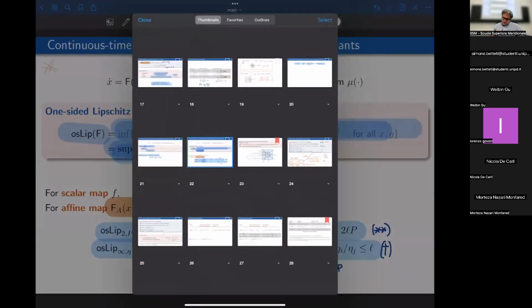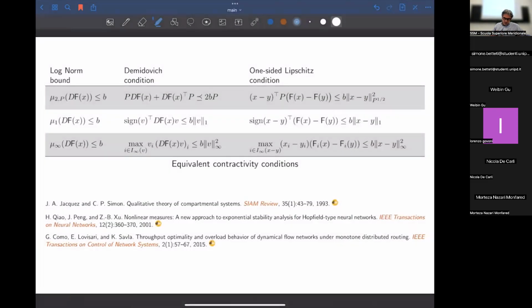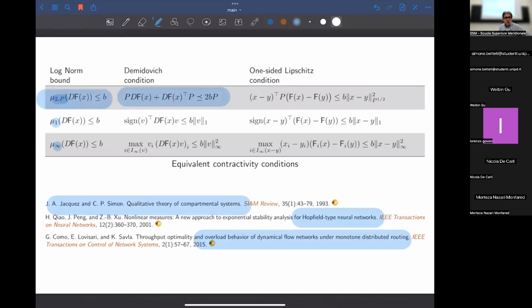In the literature, if you look at various articles studying biochemical networks or neural networks or traffic problems, depending upon whether you look at the 2 norm, the 1 norm, or the infinity norm, you can write various conditions. In this table, there are 9 entries, 3 different norms, 3 different formulas. Whether I am using the log norm of the Jacobian, or the LMI characterization, or the integral characterization without any derivatives.